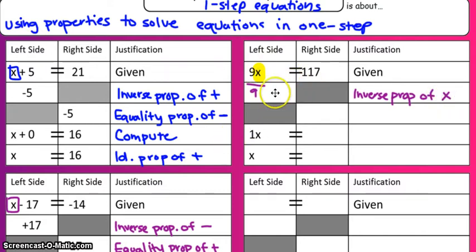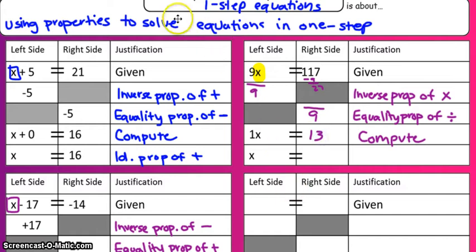We divide by 9 on one side, which means we have to divide by 9 on the other. That's the equality property of division. Now we compute: 117 divided by 9. 9 goes into 11 once, minus 9, you get 2, bring down 7. 9 goes into 27 3 times, so you get 13.